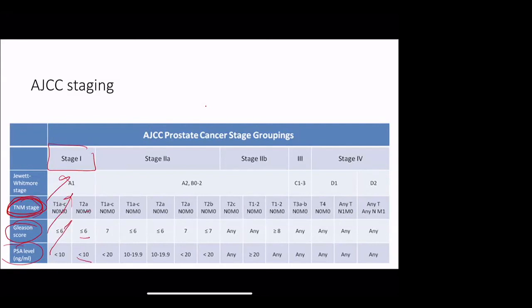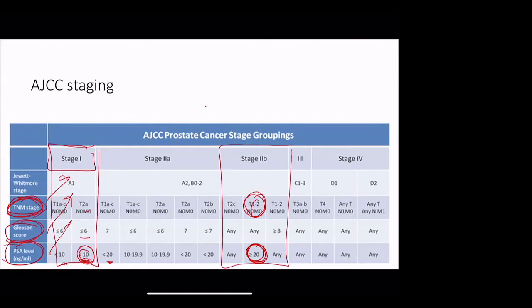Some cancers, like prostate cancer, have a Gleason score and the PSA, and they found that the PSA, depending on whether less than 10 or from 10 to 19, makes a difference. If you have a lower PSA, you have a better outcome, hence you stay in stage 1. On the other hand, if you have a very, very high PSA, even if you have a very low staging, you are stage 2B for that matter, because everything guides treatment.